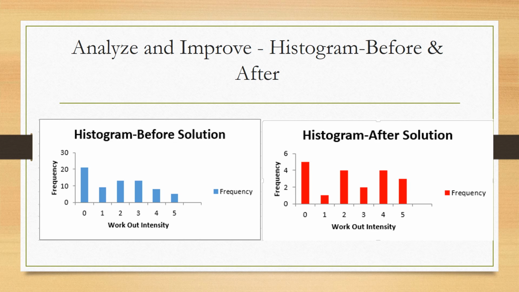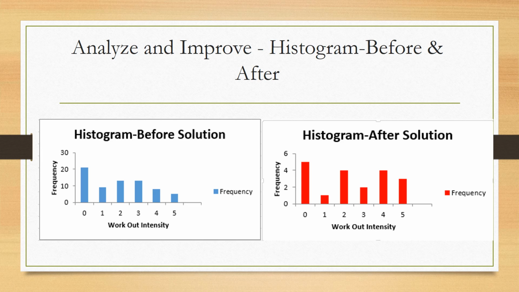I also analyzed these histograms a little bit more, and the before solution histogram has about 44% of the workout intensities being 0 or 1, so the none to minimal activities. And then in the after solution histogram, we had dropped that number down to 32% of all of the days with a 0 to 1.